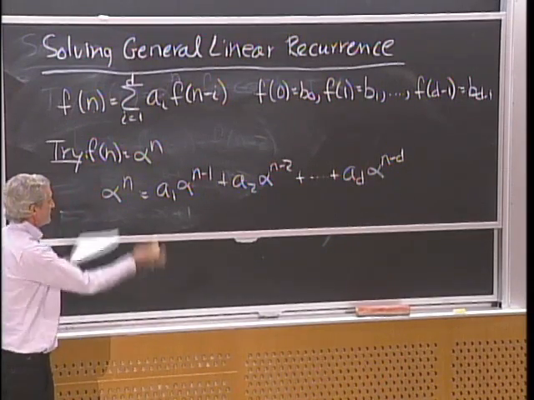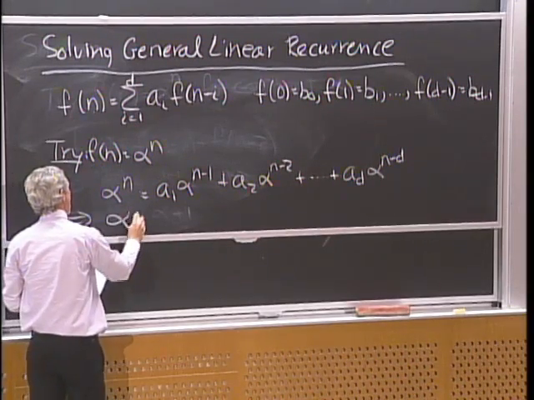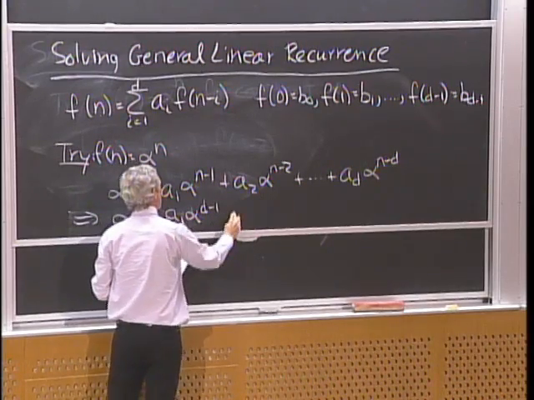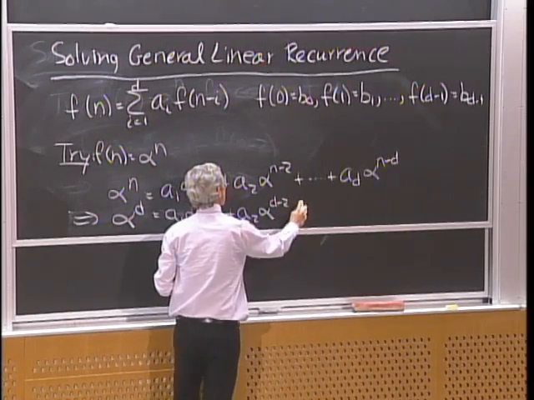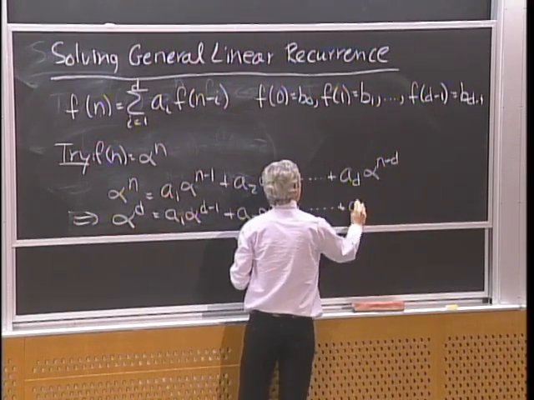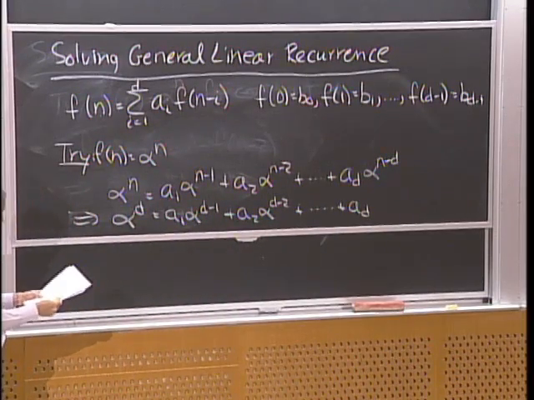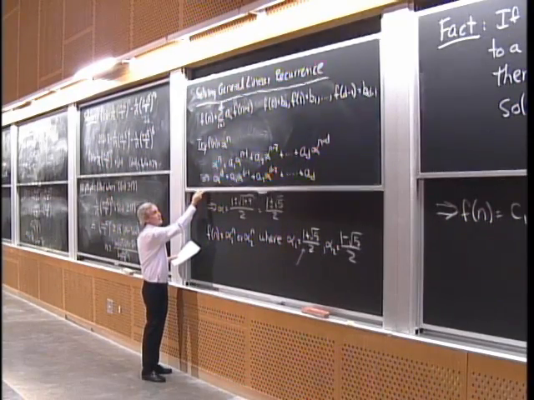I can divide everything by alpha to the n minus d, and that gives me alpha to the d equals a1 alpha to the d minus 1, a2 alpha to the d minus 2, ad times alpha to the 0, which is just 1. And I can rewrite this as a polynomial equal to 0.